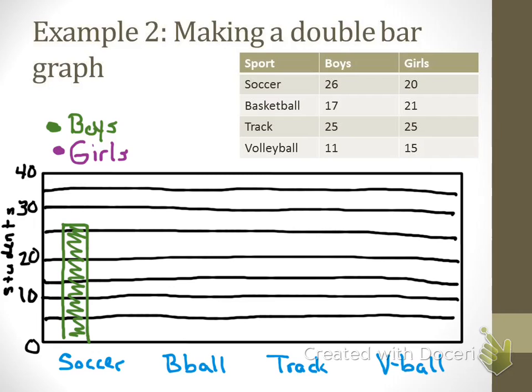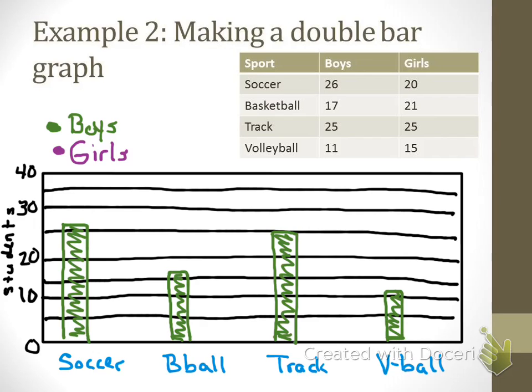For soccer, 26 boys played. How many boys played basketball? 17. So I'm going to graph that just above that 15 mark for basketball. How many boys played track? 25. Notice that it's right above each category. That's important. And how many boys played volleyball? 11. So it's just above the 10.